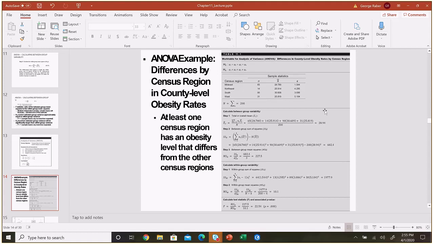Just because one group would be different from all the others in a t-test doesn't mean that the ANOVA will necessarily say that they are different. Okay. I mean, obviously, if one of them is different enough, it will.